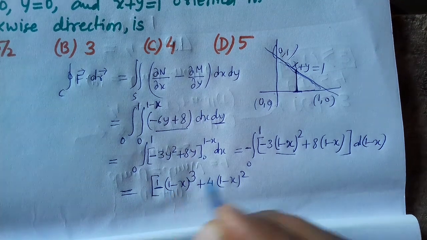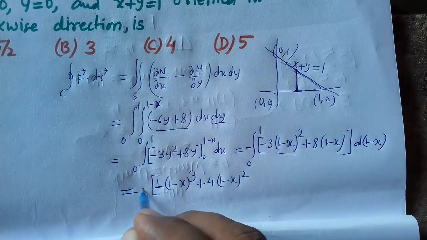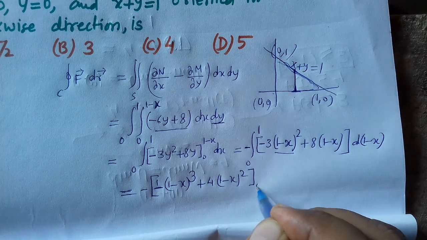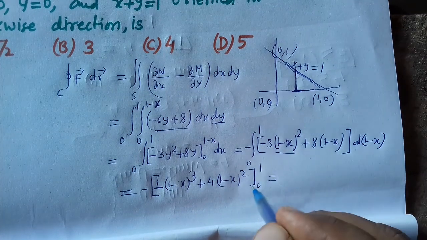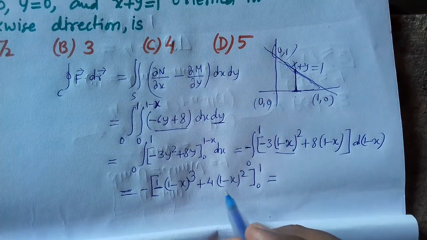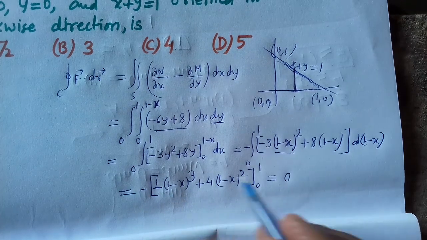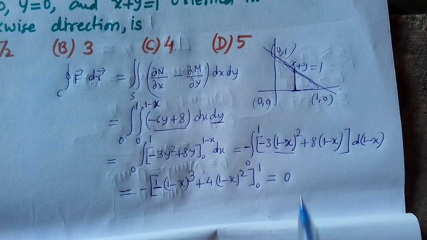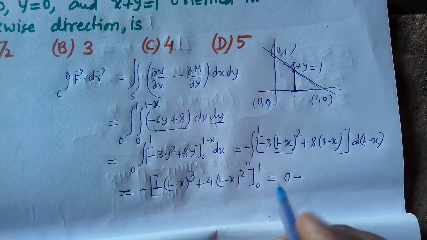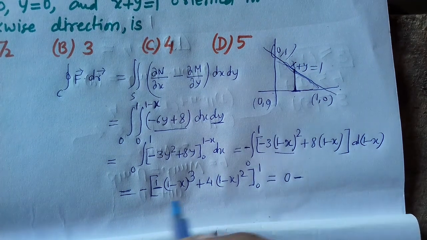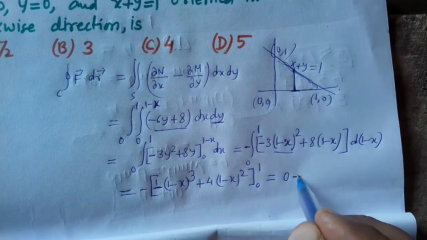Now there is a minus sign outside, and the limit is from 0 to 1. First we put 1. If we put 1, then this whole thing will be 0, and thereafter we give a minus sign and put 0. Putting 0, this minus becomes plus.